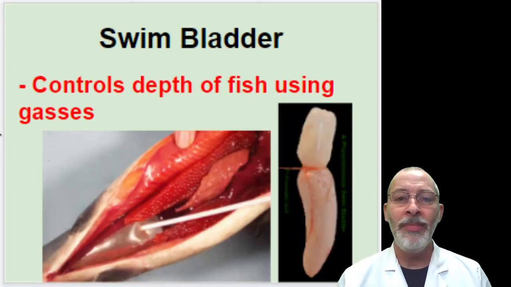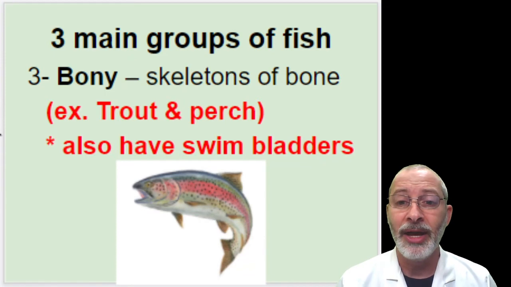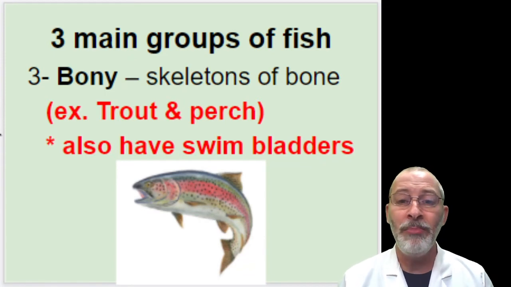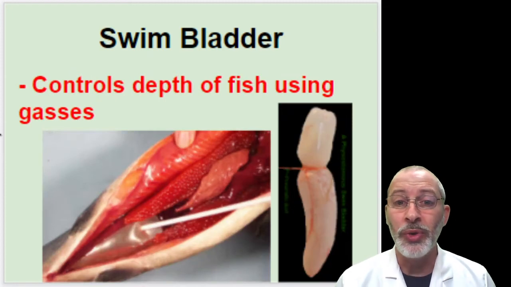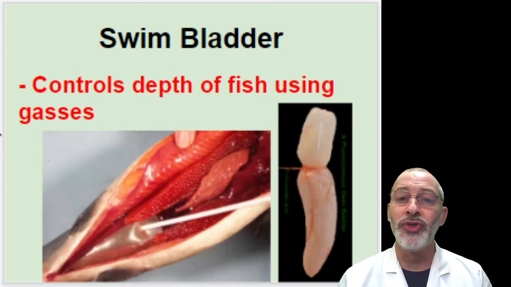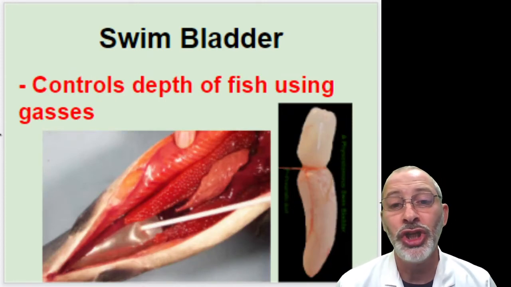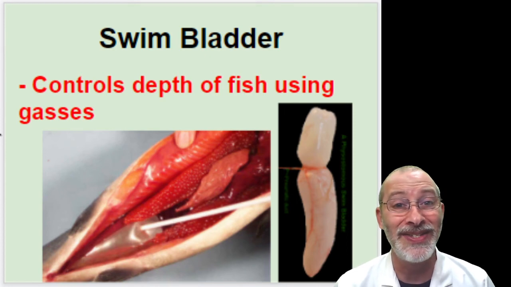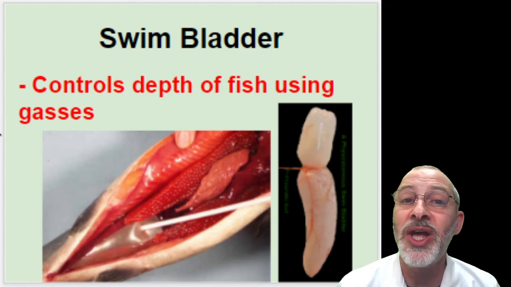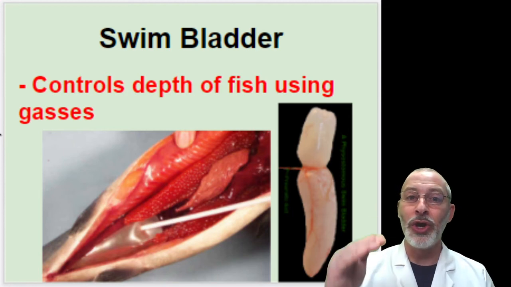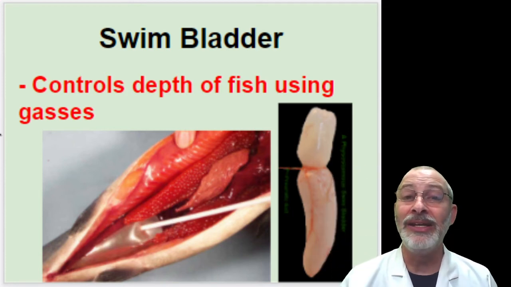And a swim bladder, as you're writing that down, is an internal structure within the fish that controls the depth of the fish using gases, in a way very similar to how submarines can go up and down in the water.